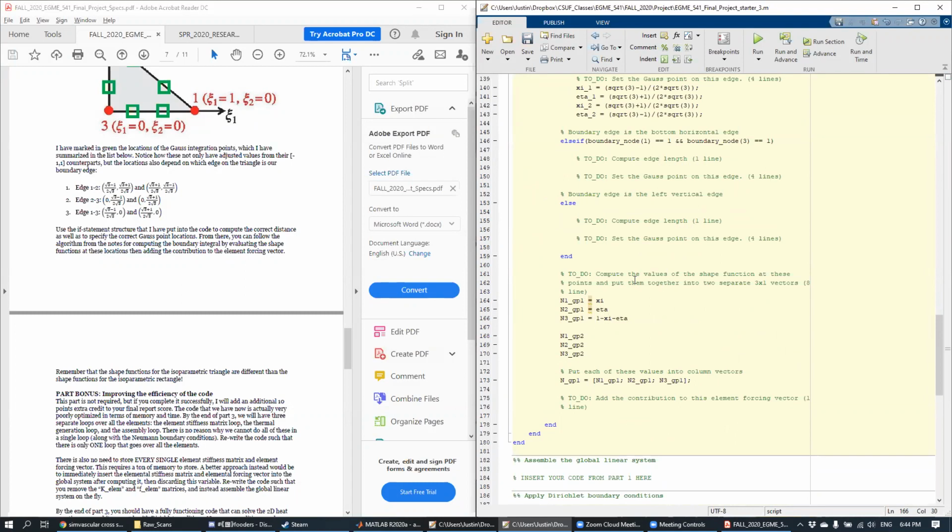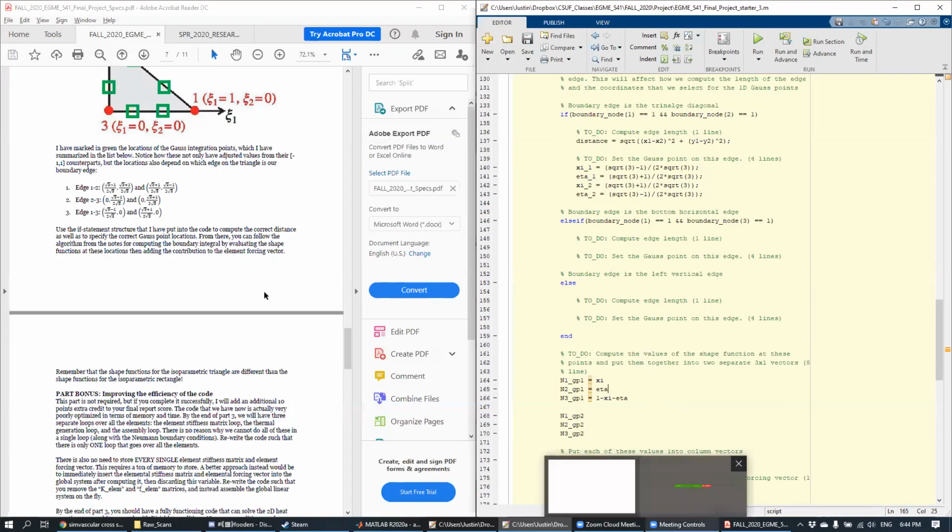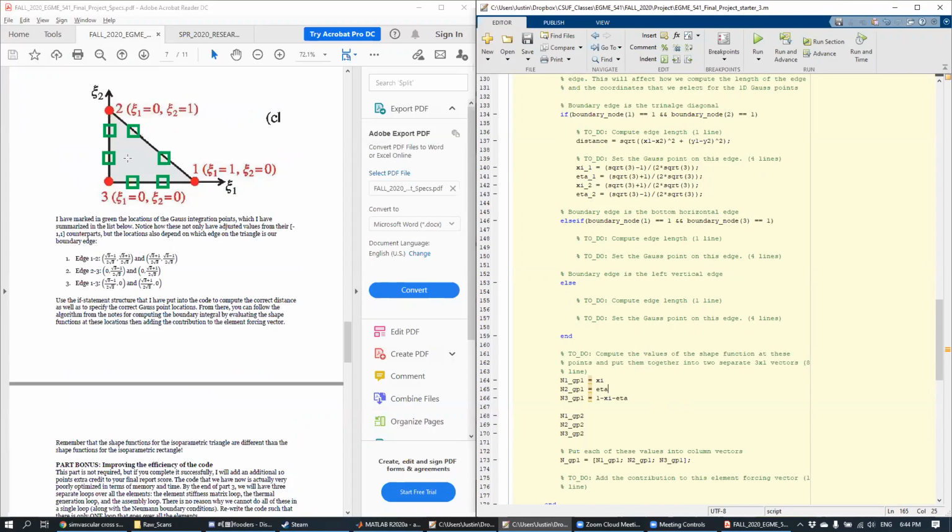Here, I have 2 different evaluations: the shape functions at Gauss point 1, using xi1 and eta1, and at Gauss point 2, using xi2 and eta2. So to answer your question, you would use the same shape functions. It's just that the variables you plug in will be different because you're evaluating them on these lines instead of in the interior of the element.